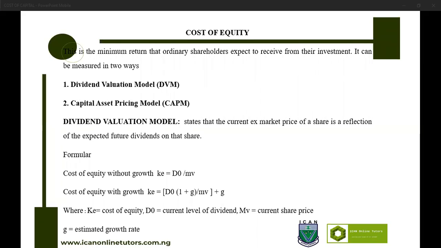We can use the dividend method to determine the cost of equity, that is the minimum return that the investors would expect from their investment. The dividend valuation model states that the current ex-dividend market price of a share is a reflection of the expected future dividends on that share.